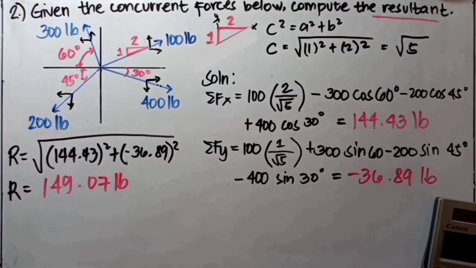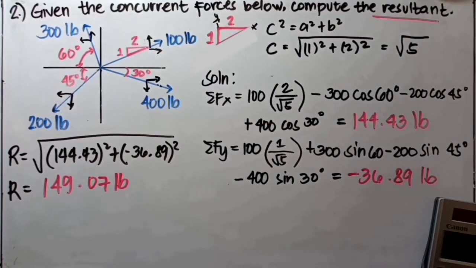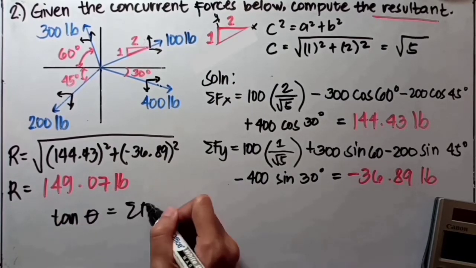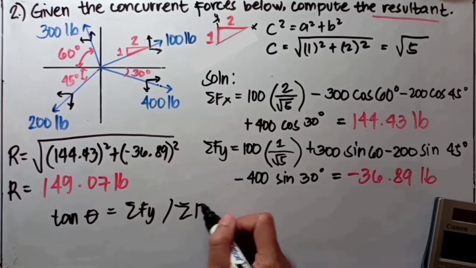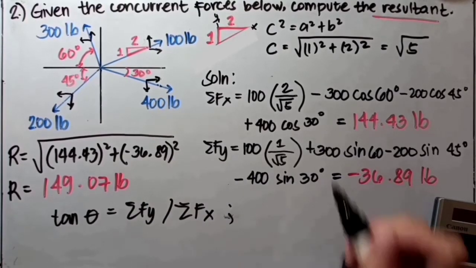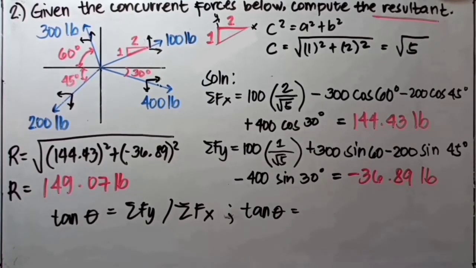Pero for other solution naman, which is the theta, isosolve na lang din natin para may another example tayo for theta. So, the theta is tan theta is equals to summation forces y divided by summation forces x. Substitute na lang din.